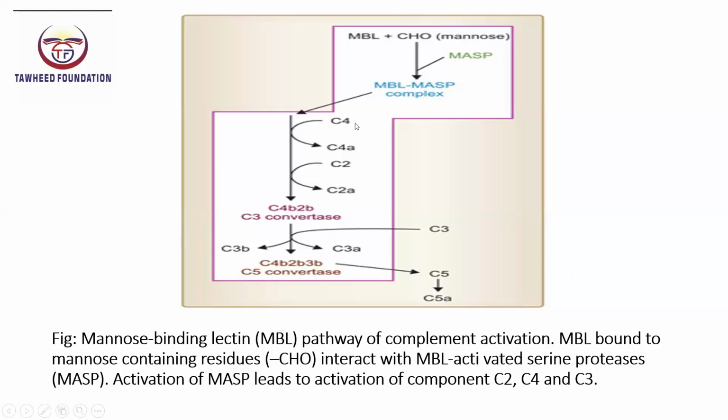Mechanism and components: pattern recognition, MASP activation, C3 convertase formation, and downstream events. So these four things are important in mechanism and components. You will see MBL and MASPs binding to microbial surface sugars, followed by a cascade reaction where C2 and C4 are cleaved and C3 convertase is formed.